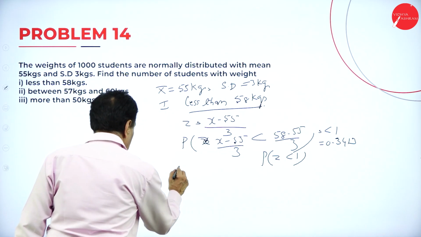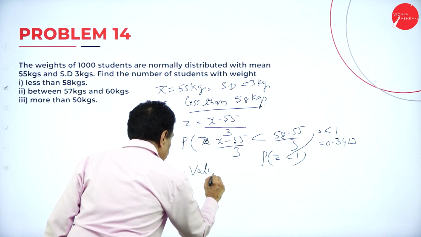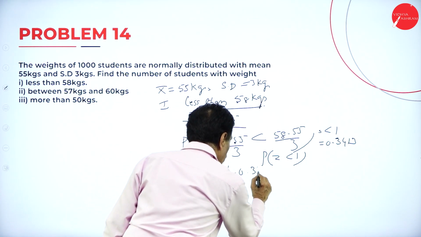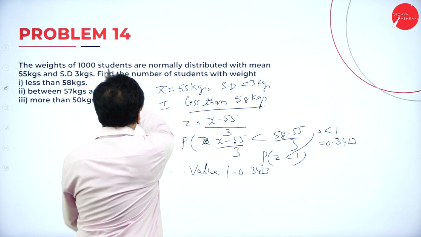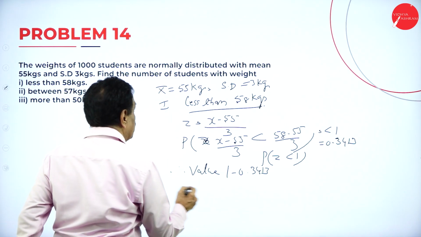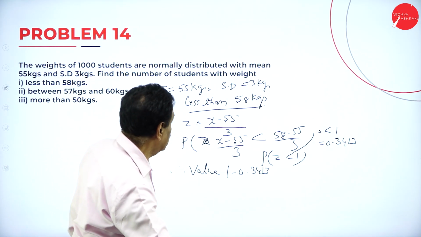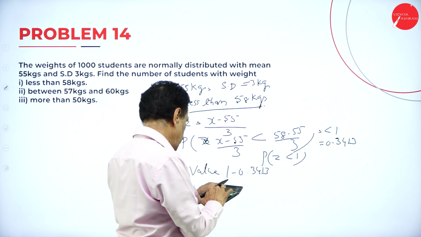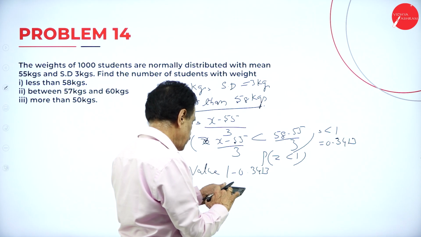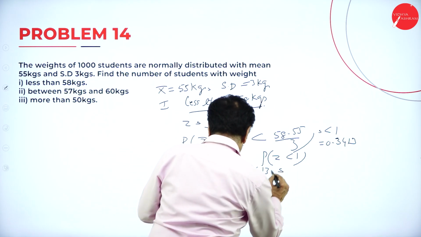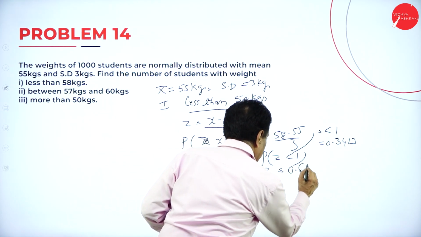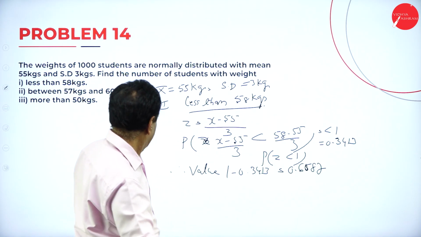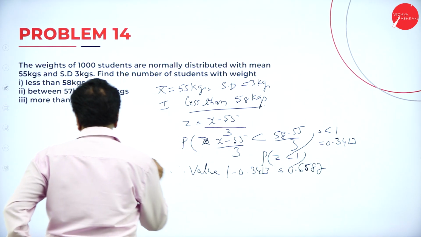Therefore, value is equal to 1 minus 0.3413. Entire area is 1. I will explain. Entire area, deduct this. 1 minus 0.3413 is 0.6587. We'll have a table now.